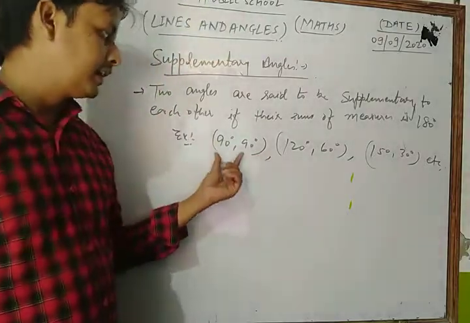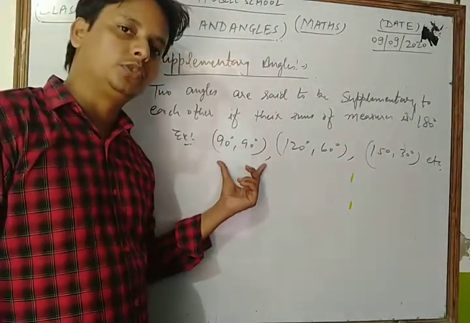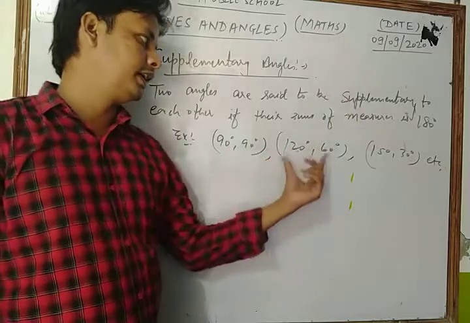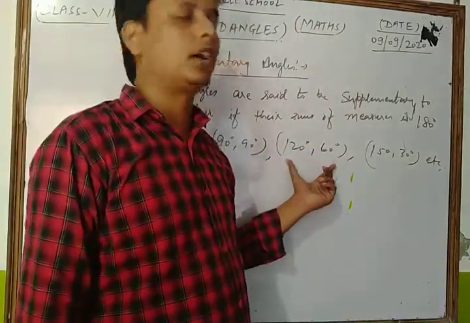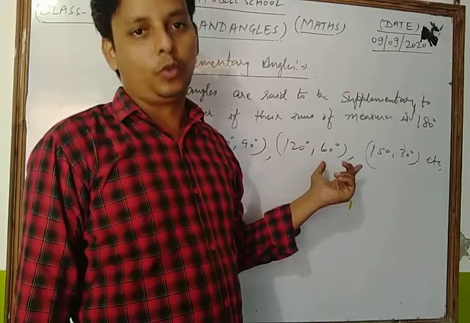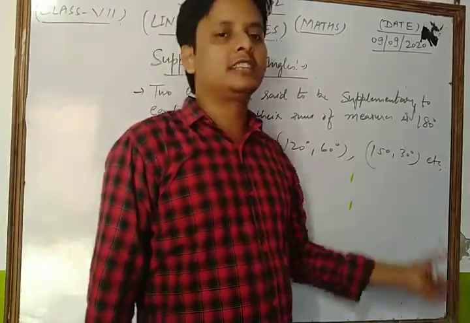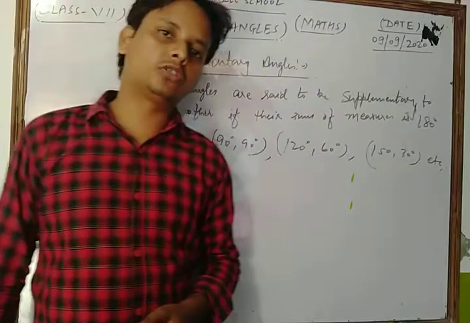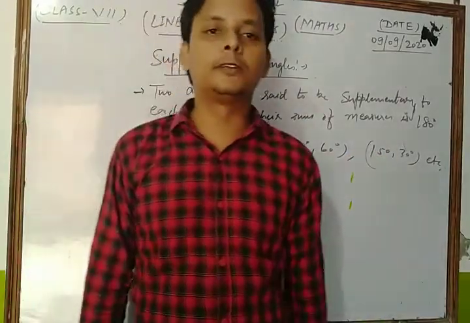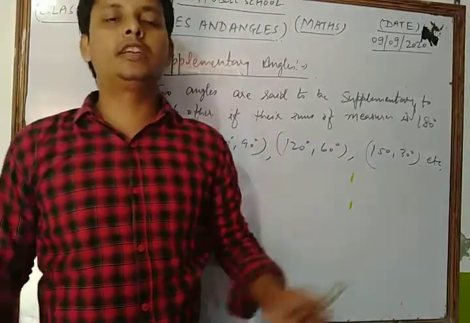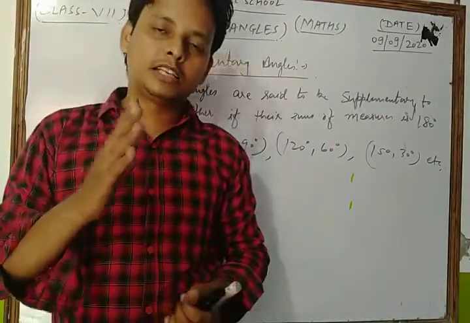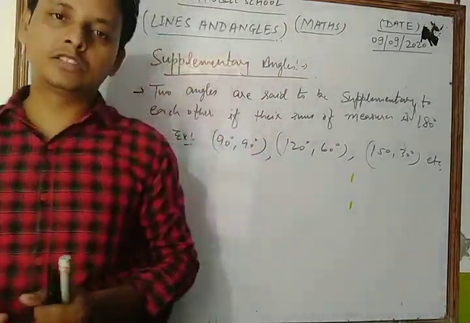Let's see. 90 and 90, because these are supplementary to each other as the sum of their measures is 180. 120 and 60 is also supplementary because the sum of their measures is what? 180. 150 and 30 is also supplementary because the sum of their measures is what? 180 degrees. So in this way, we cleared the concept of complementary angles and supplementary angles.